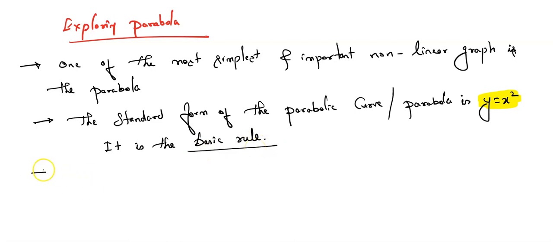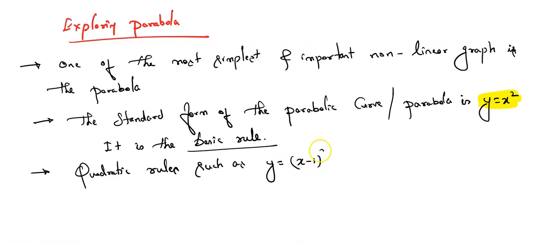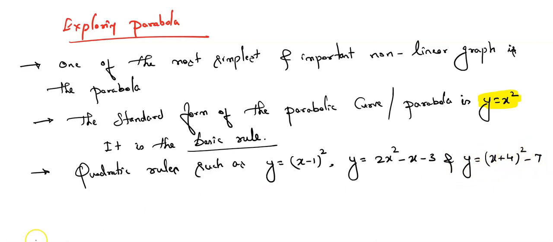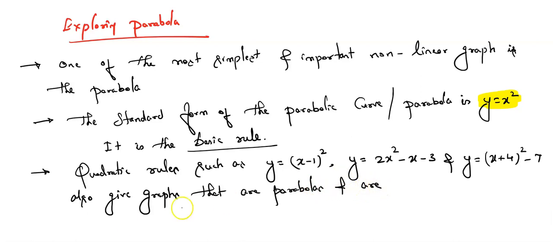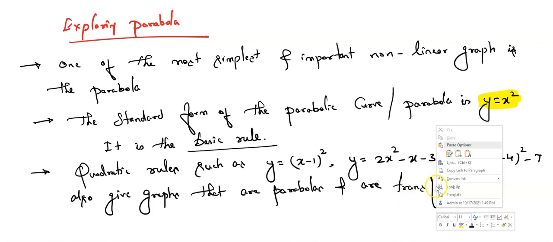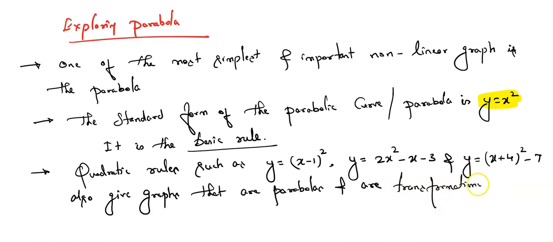Now, one more important key point: these quadratic rules such as y equals x minus 1 whole square, y equals 2x square minus x minus 3, and y equals x plus 4 whole square minus 7 also give graphs that are parabolas and are transformations of the graph of y equals x square.